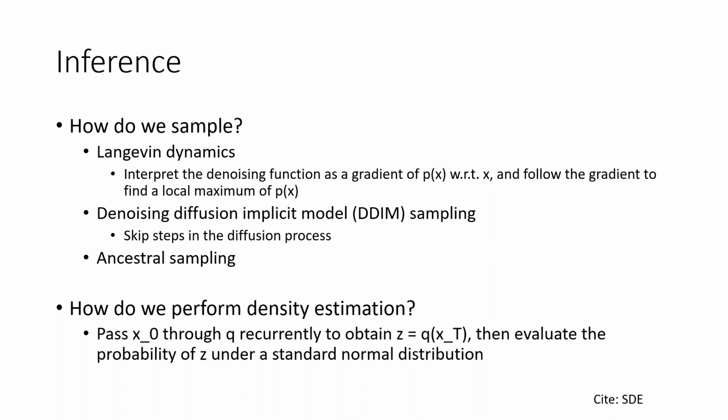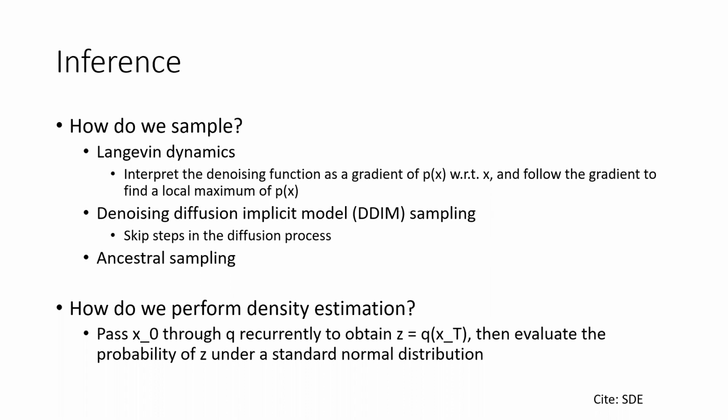There are also some variations on this. There's a sampler called the denoising diffusion implicit model, where they actually show that you can skip steps in this diffusion process, which is kind of interesting. And then there's also ancestral sampling, which we're not going to discuss in this lecture, but just know that it's another sampling option for sampling from these diffusion models.